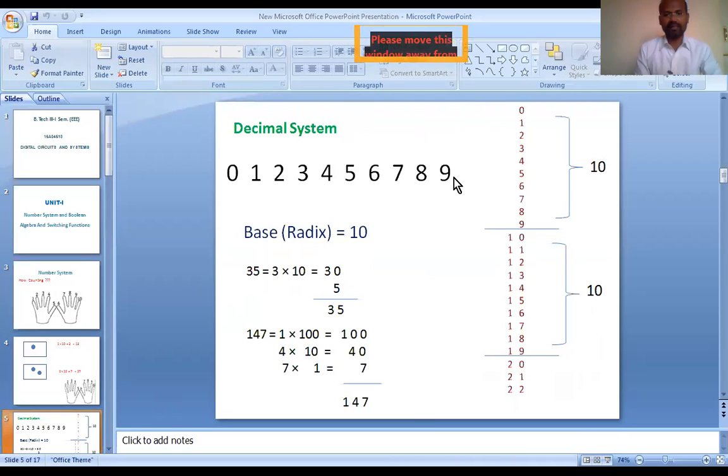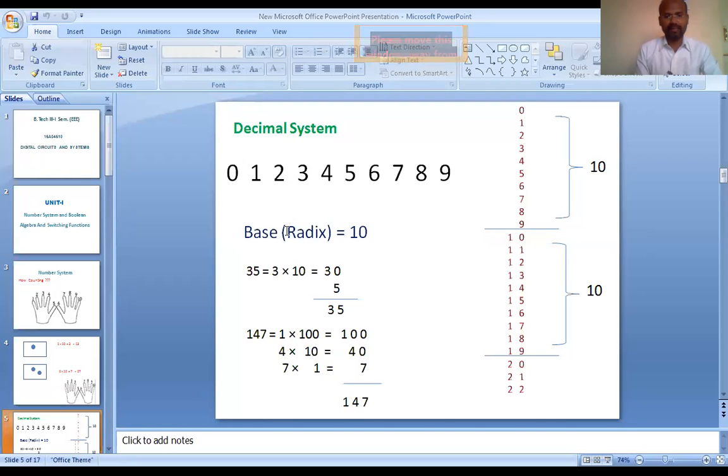Each symbol has a weight. 1 has a weight 1, 2 has a weight 1 higher than this symbol, 3 has a weight 1 higher than the 2, 4 has a weight 1 unit higher than 3, 5 has a weight 1 unit higher than 4, and so on. So it is called decimal system because in the decimal system, counting uses 10 different symbols. That's why it is called decimal. Decimal means 10.